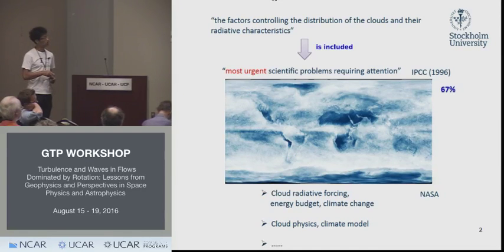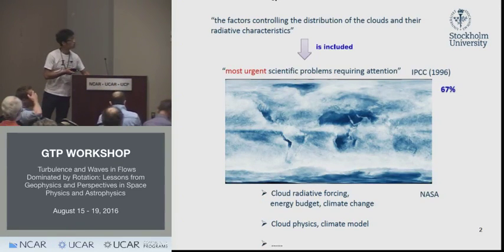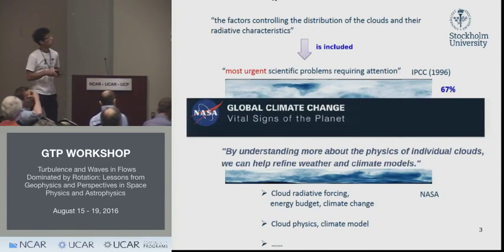One of the most challenging problems in climate models is cloud physics. It is also stressed that by understanding more about the physics of individual clouds, we can help refine weather and climate models.